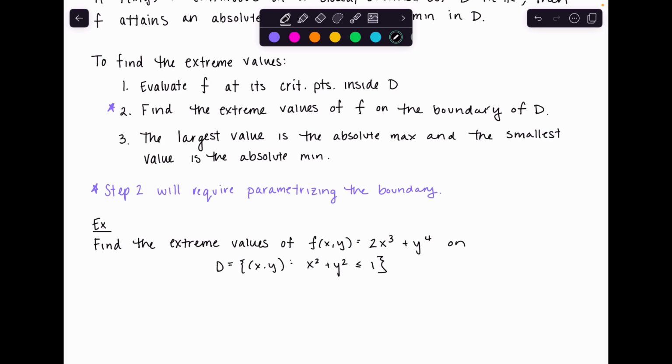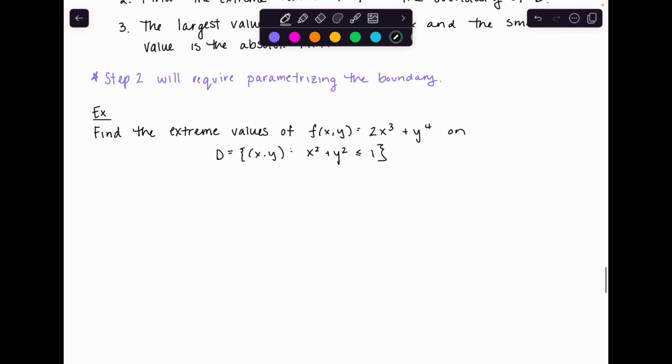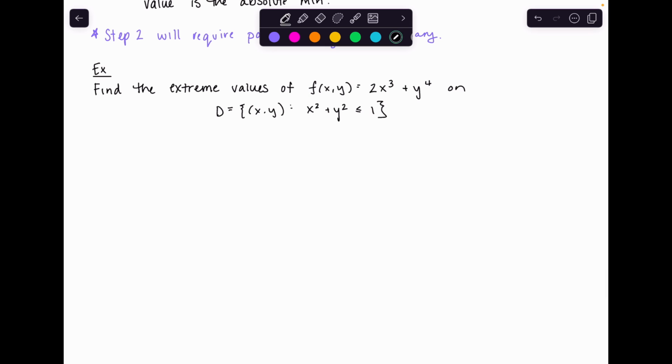Okay. So I'm going to draw my D. x squared plus y squared equals 1 is the unit circle.